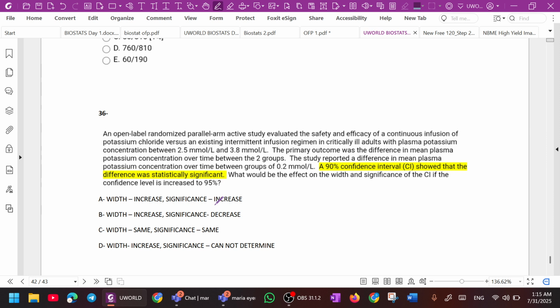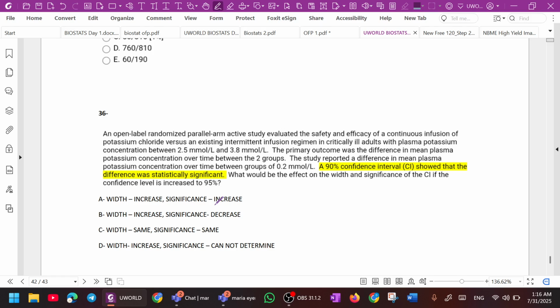Okay. Now, an open label randomized parallel arm active study evaluated the safety and efficacy of a continuous infusion of potassium chloride versus an existing intermittent infusion regimen in critically ill adults with plasma potassium concentration between 2.5 and 3.8.